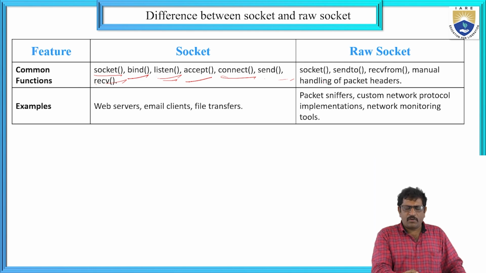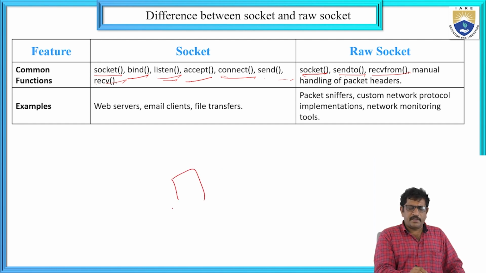In raw sockets, what we are doing here is using the socket function, send to, and receive from. That means sending to which device, which client we are going to send the data, and receive from which device we are going to receive the data.